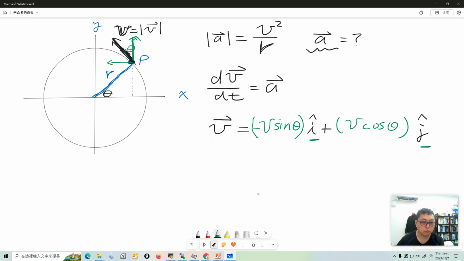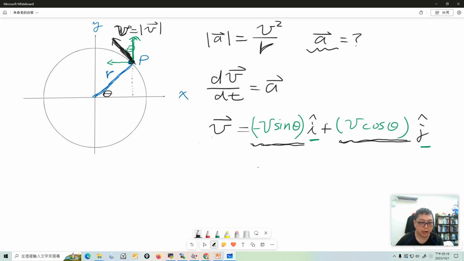Now we have to take the derivative of v with respect to t. Previously I said that if you want to take the derivative of a vector, you just take the derivative of each component. So for this problem, do the derivative of the x component and of the y component.